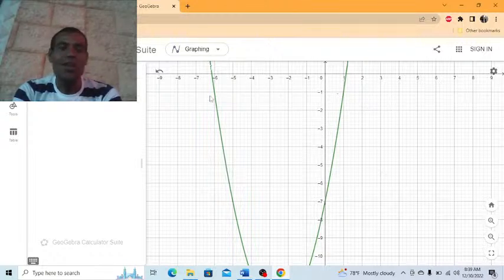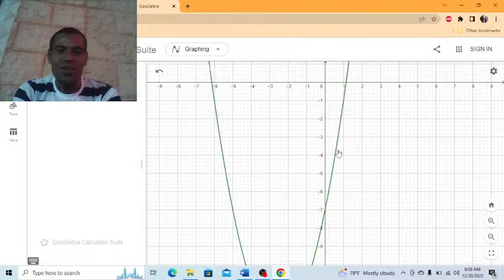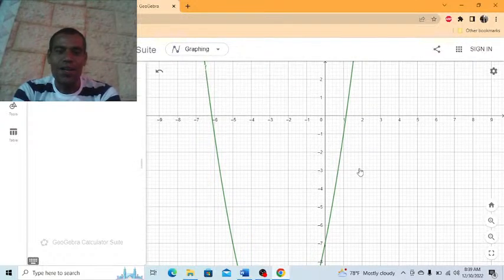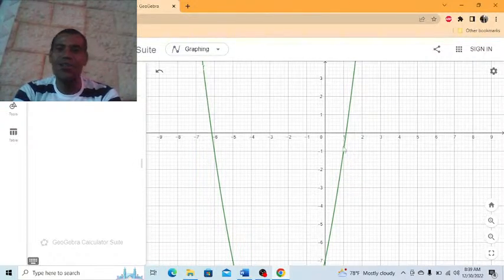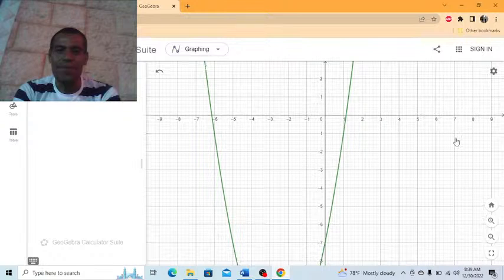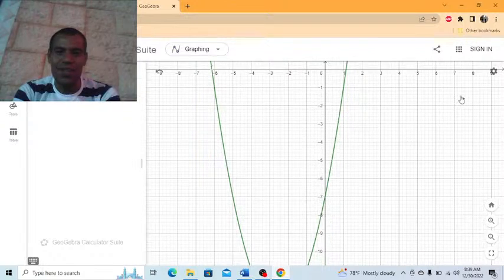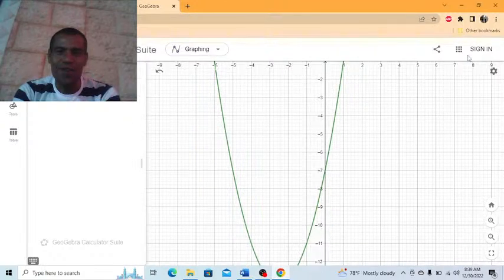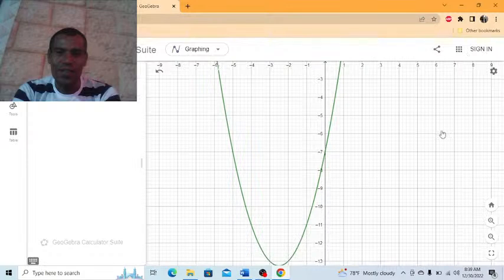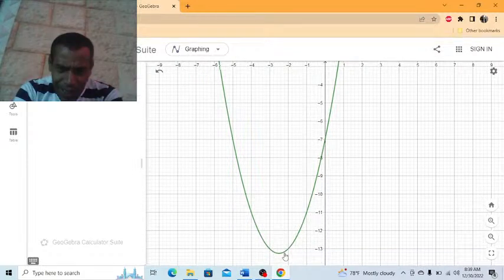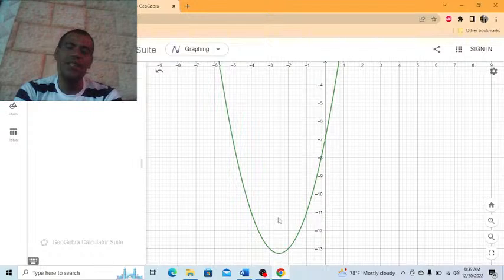We said that the domain here is all real numbers, because you can take positive and negative numbers and so on. But the range, learners, comes to be like that. The value of y here is approximately negative 13 point something. The range here started from negative 13.